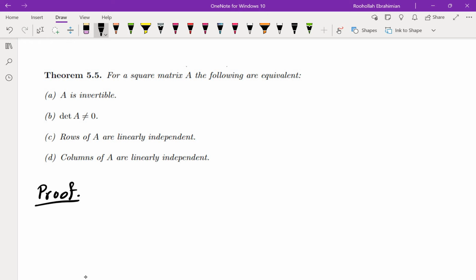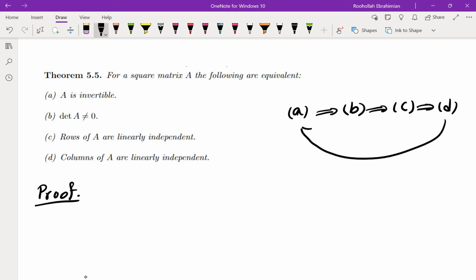The best way of proving equivalences like this is to show a cycle: A implies B, implies C, implies D, and then D implies A. That may not be the best cycle, but some cycle would be the best thing to do.